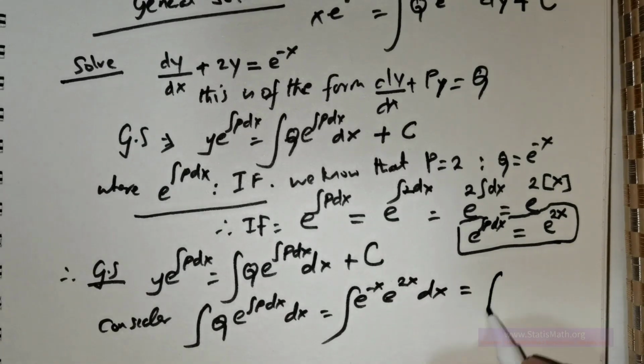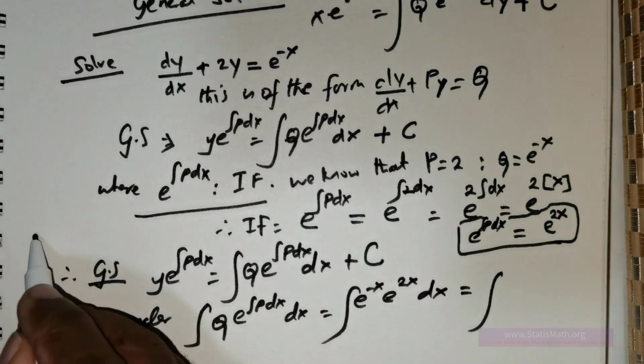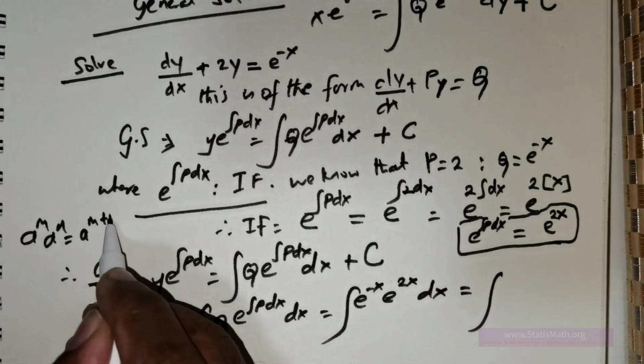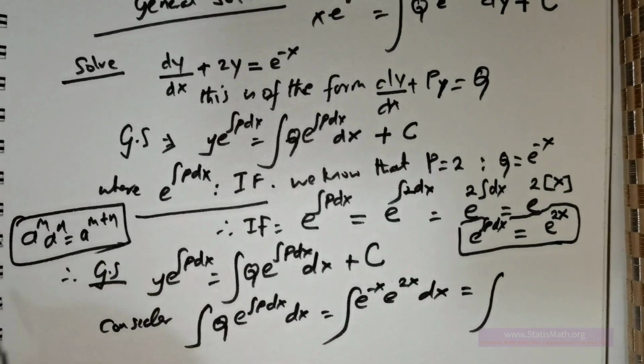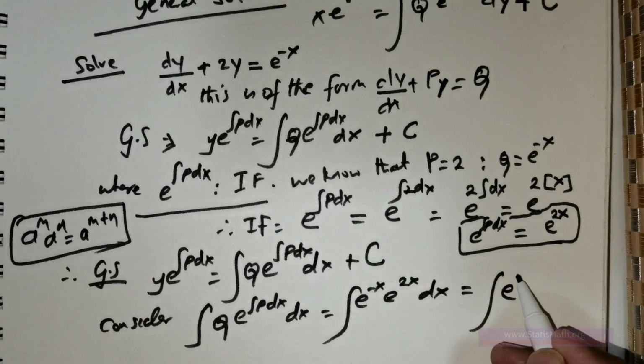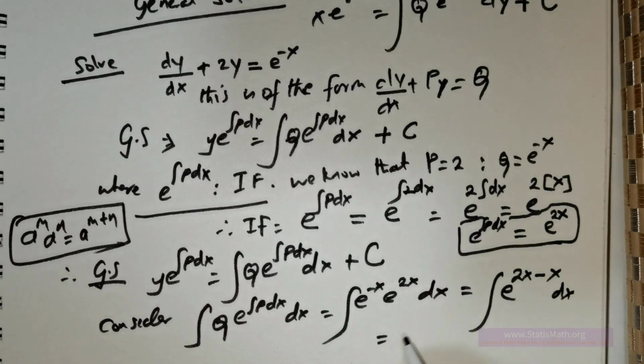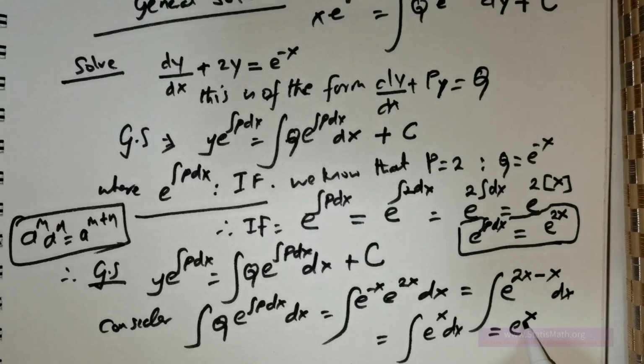Now this is equal to the integral. I know a formula: a^m times a^n is a^(m+n). By this formula, this is ∫ e^(2x-x) dx, which is ∫ e^x dx, which is equal to e^x.